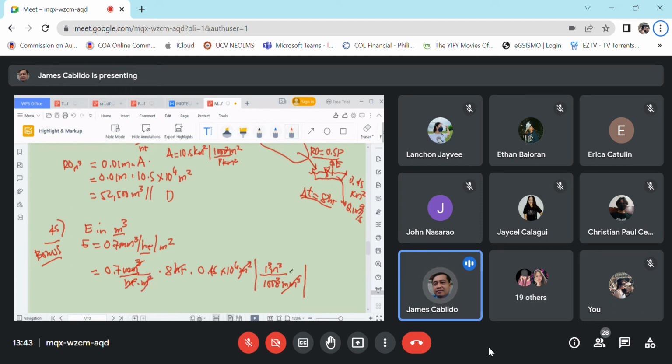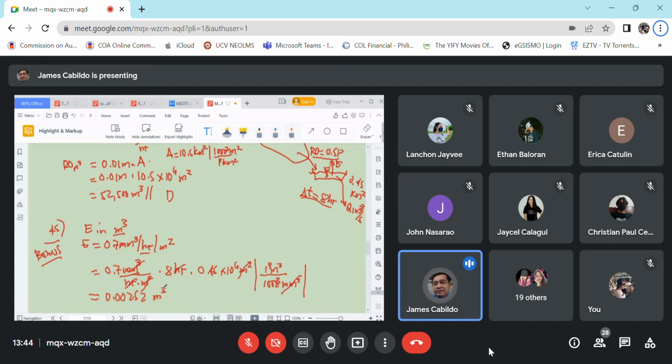Ang maiwan ay cubic meter. So, dapat ang sagot natin dyan ay 0.00252 cubic meters. Alright.